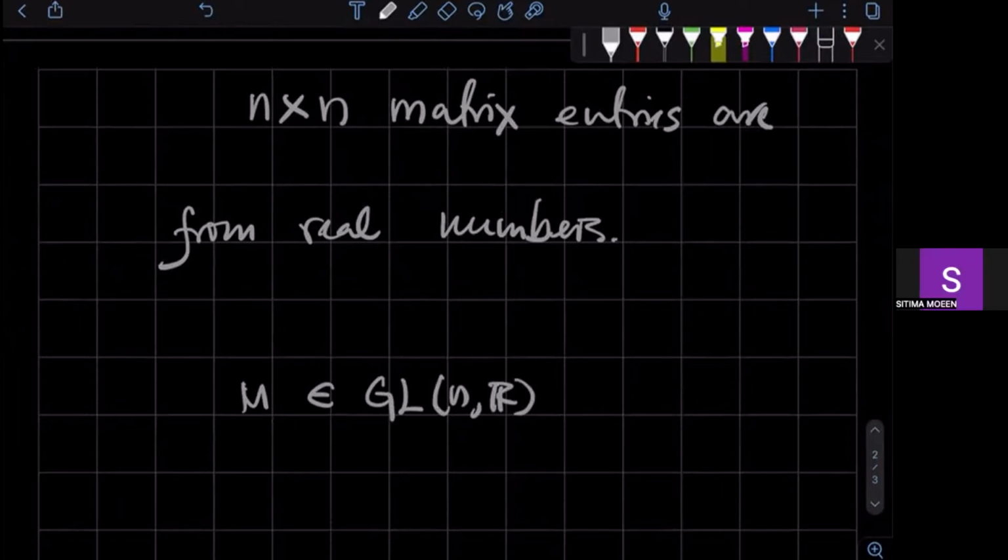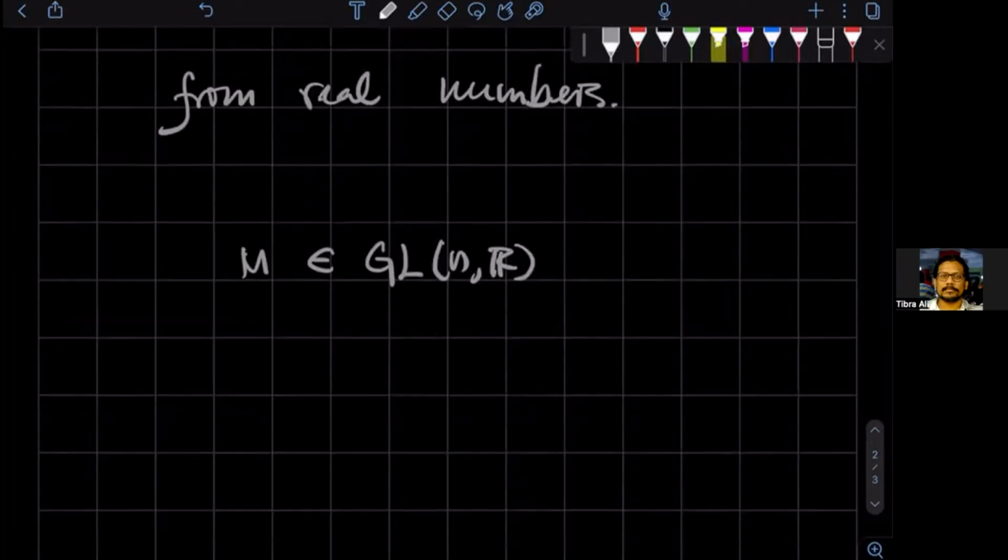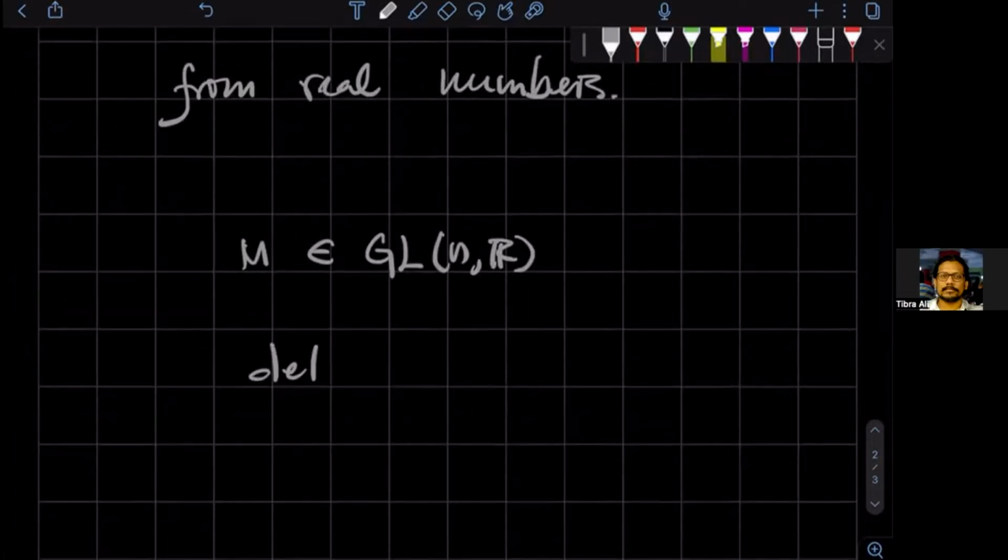It can't have a determinant of 0. Exactly. The determinant of M has to be non-zero. Why is it so? It has to have an inverse. Exactly. Otherwise, M inverse won't exist. And M inverse under matrix multiplication is going to give me this equation, right?